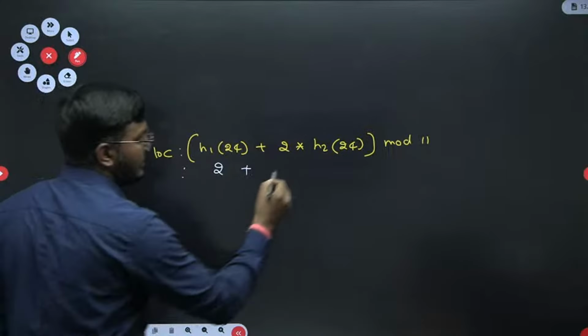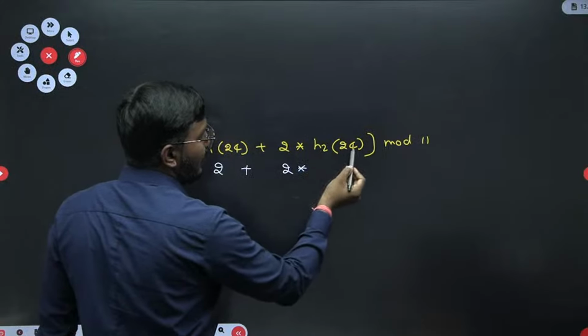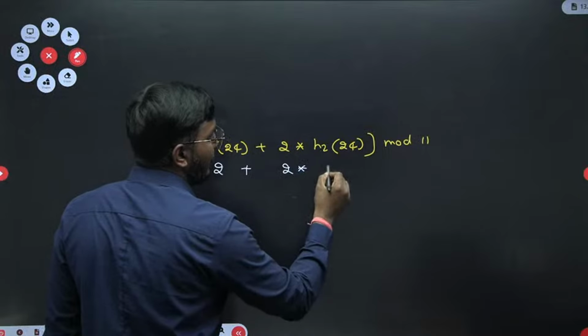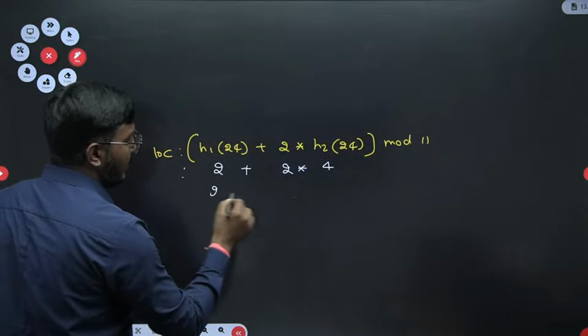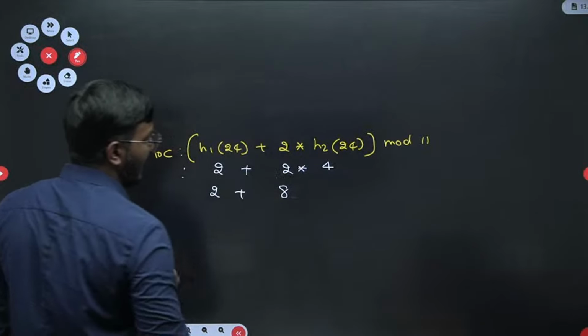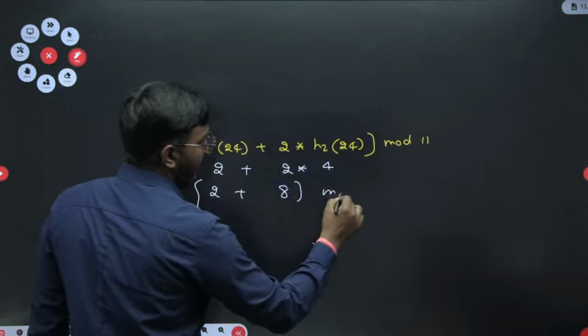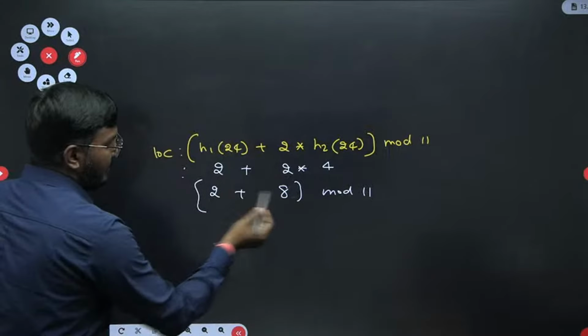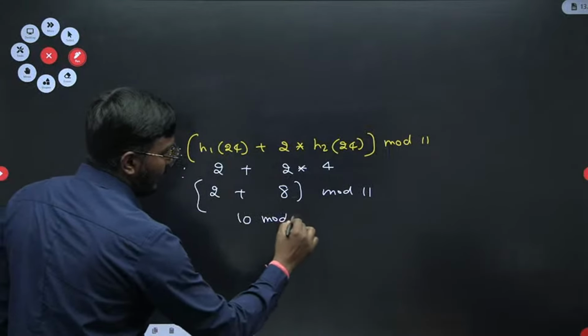So 2 plus 2 times h2 of 24, which is 4. So 2 plus 2 into 4, nothing but 8 plus 2 is 10. So 10 mod 11 is 10.